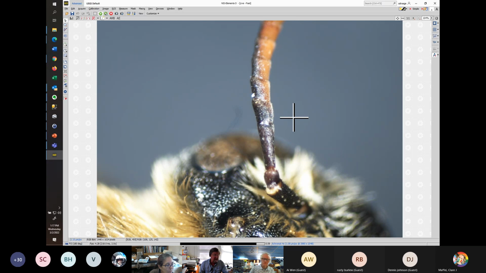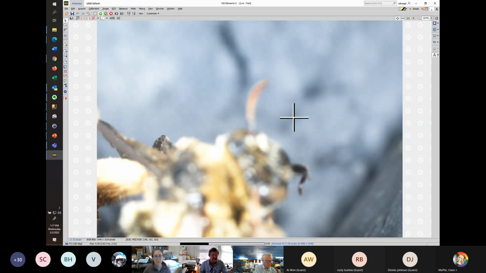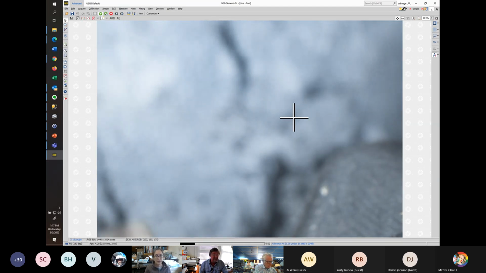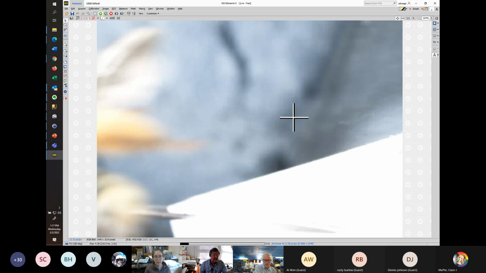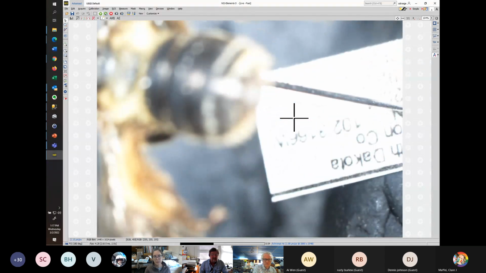And the pygidial plate in that species is unusual too. It's pretty narrow compared to most other Melissodes. Very narrowly triangular, if you can see it. So if you guys want to talk about what are the uses of pygidial plates to these bees?